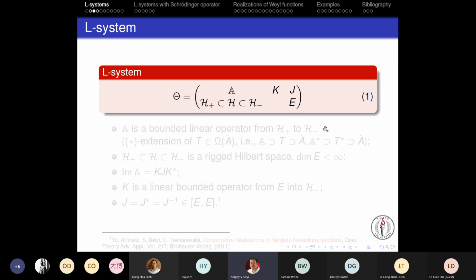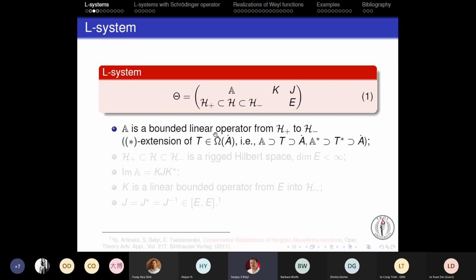That's where signals would come from. So it's safe to think about the system as a box with input channels and output channels. And bold A, with the bold back, is called the state space operator. This is the so-called star extension of this unbounded operator T.